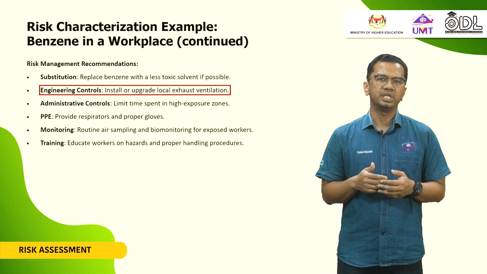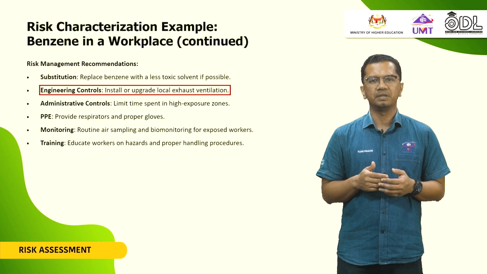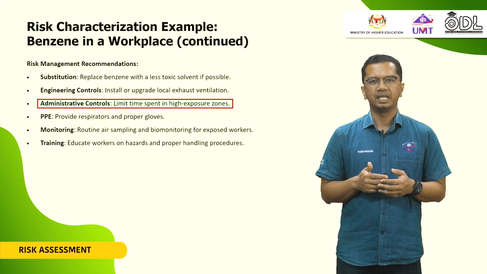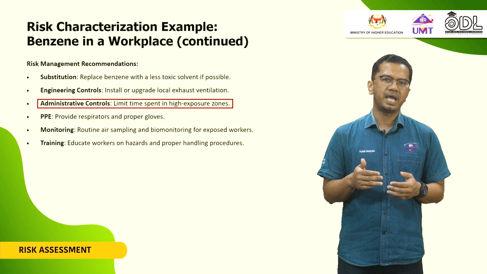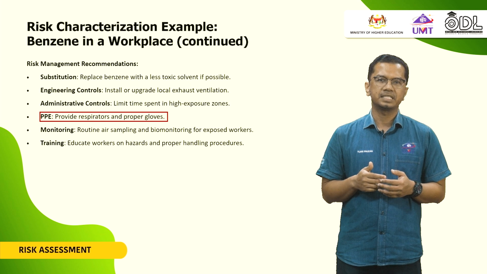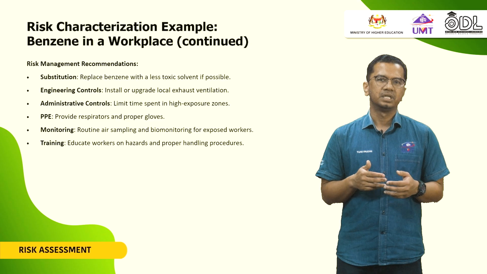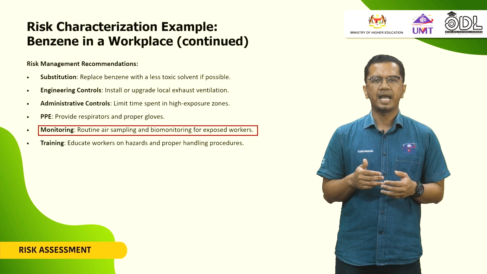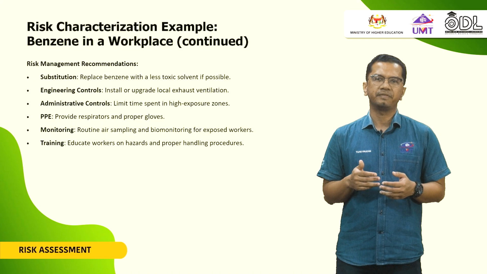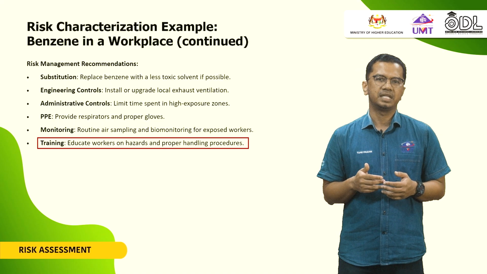If not, engineering controls like local exhaust ventilation are essential to remove the contaminant at the source. Administratively, limit the time workers spend in high exposure areas. PPE, such as respirators, is necessary but should be the last line of defense. Ongoing monitoring of both the air and the workers' health is crucial. And finally, comprehensive training ensures everyone understands the risks and procedures.